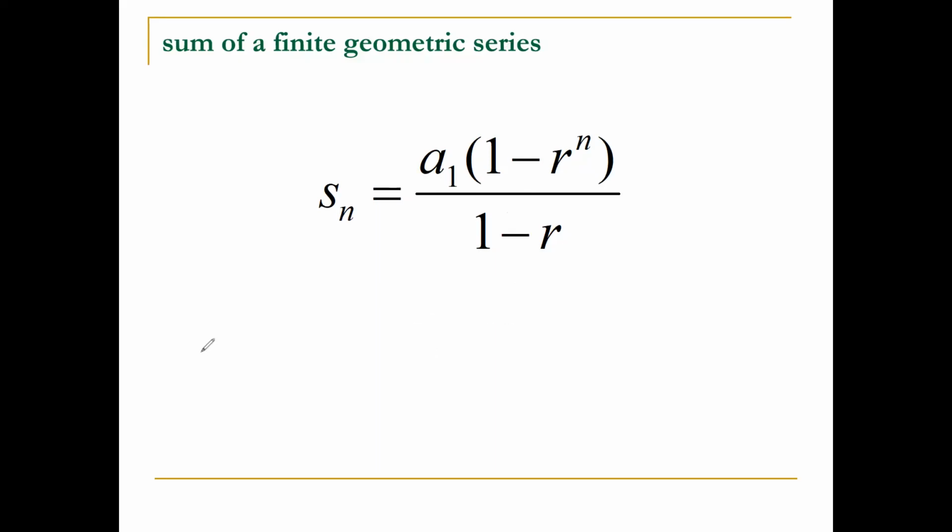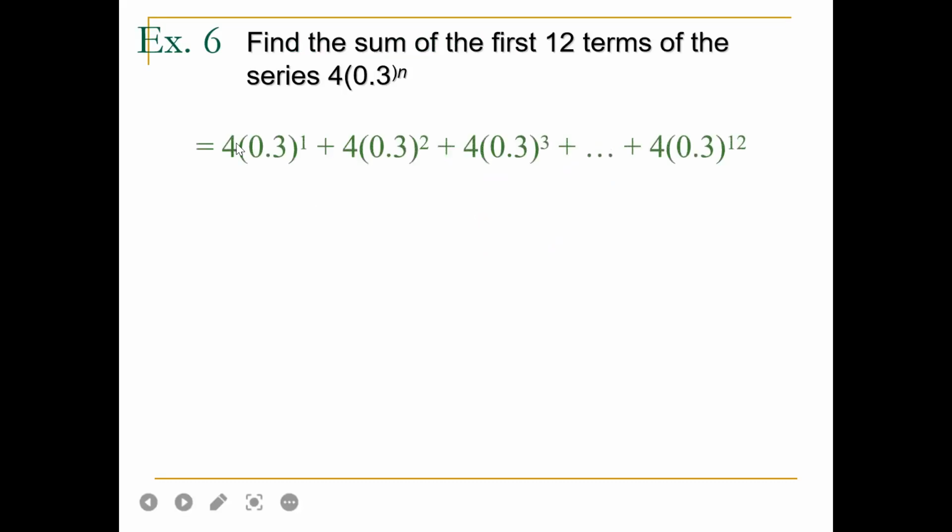Okay, find the sum of the first 12 terms of the series 4 multiplied by 0.3 raised to n. When we get the sum of the first 12 terms, we're going to substitute our n here.